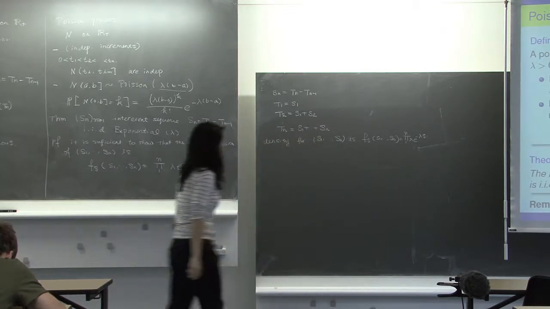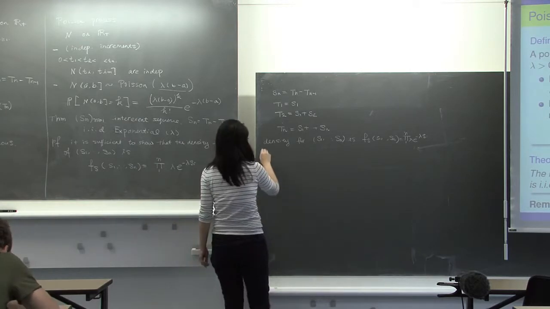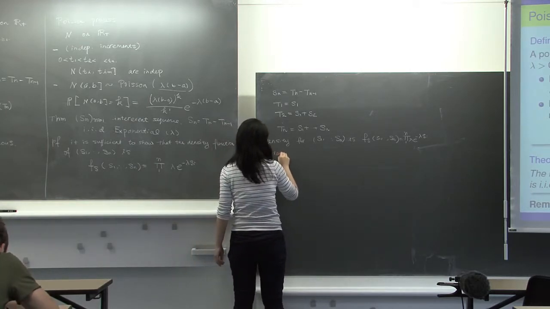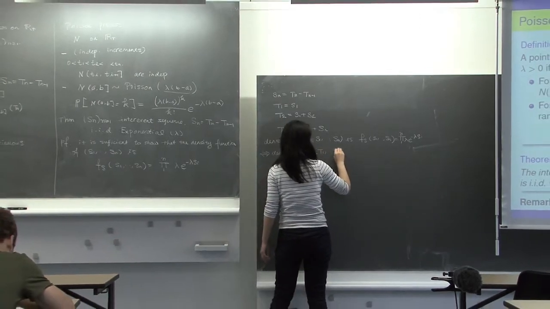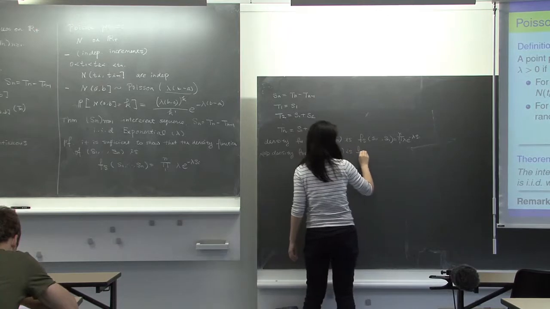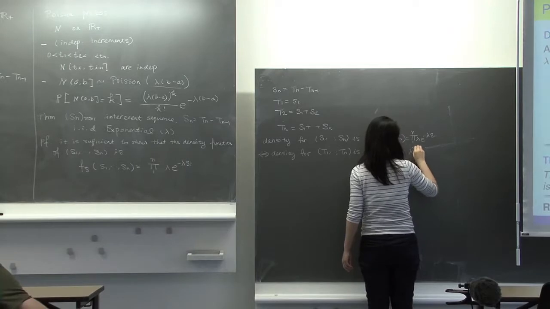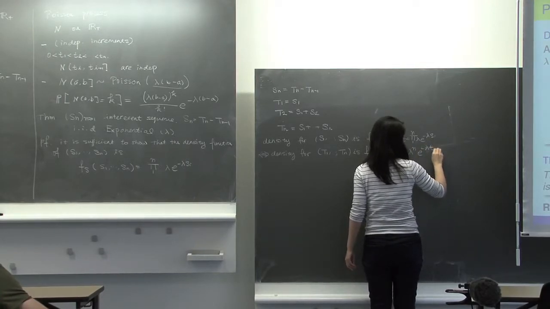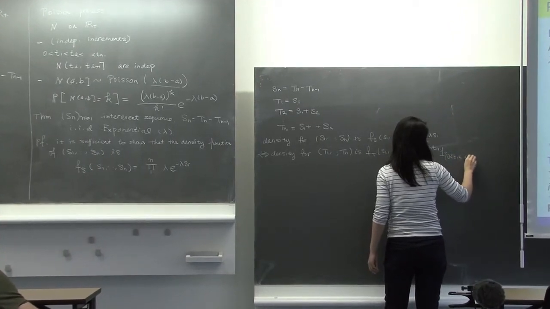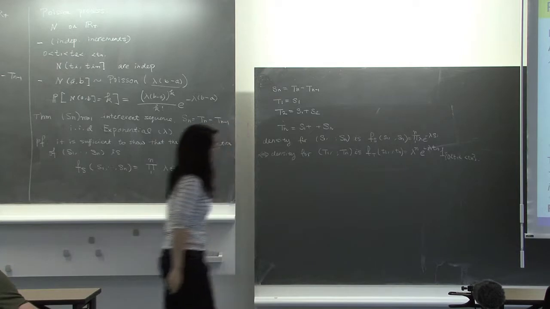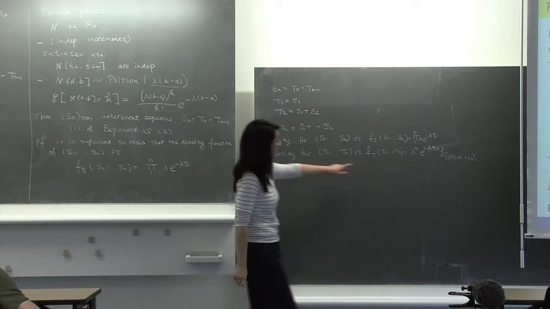So in order to check that the density for this vector S1 to Sn is given by this form, it is equivalent to check that the density for Tn is given by this form.